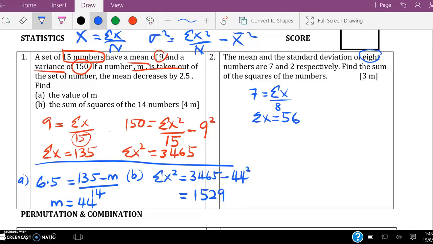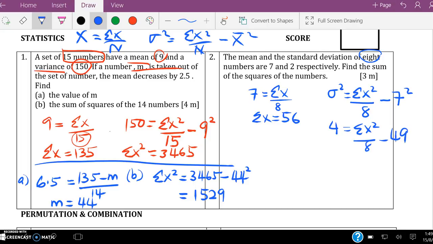And then the standard deviation of the 8 numbers is 2, so we can use variance. 4 is sum of x squared over 8 minus 49.